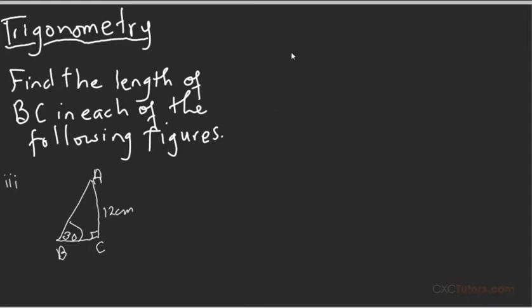So we say, so we have tan of the angle, which is 30 degrees, is equal to the opposite side, which is AC, and we know that AC is 12, over the adjacent side, which is BC. So we will cross multiply.